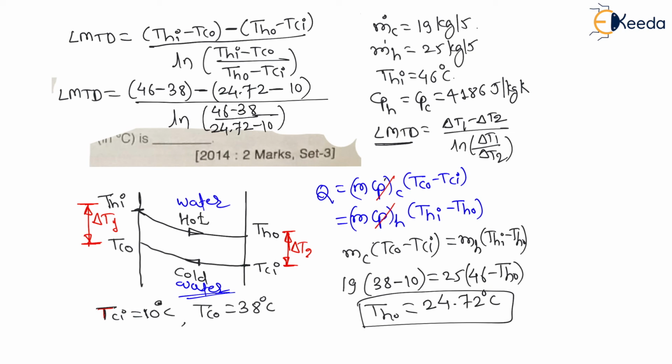So let us solve this equation for LMTD. And my dear students, if you solve it, you will get LMTD equal to 11.02 degrees Celsius, right? In this fill in the blanks, you have to type 11.02 for getting full marks. Therefore, if you type 11.02, you will get 2 marks.